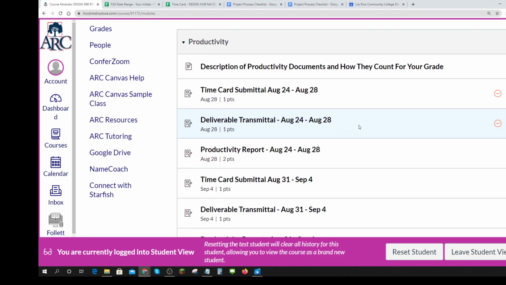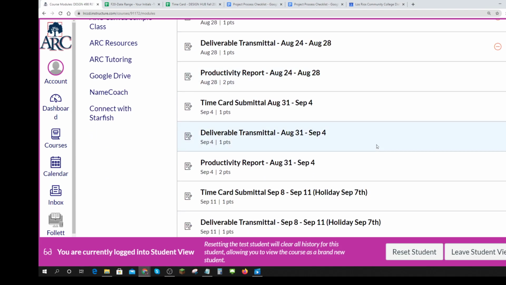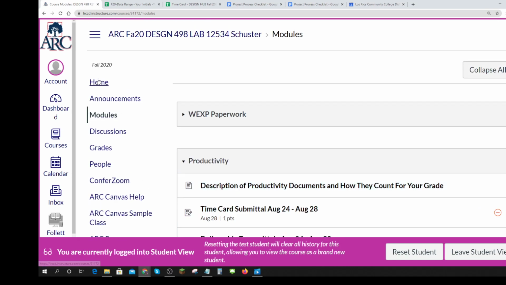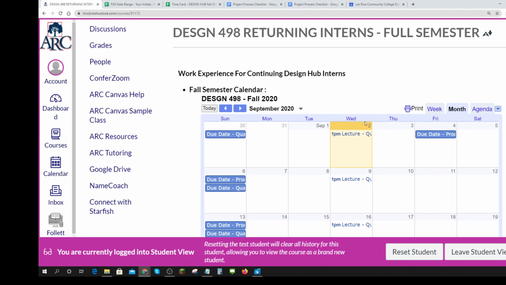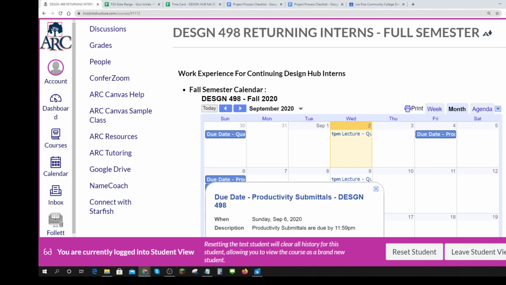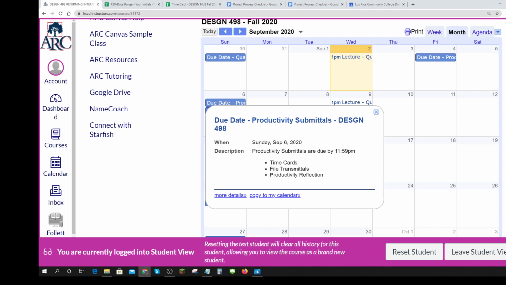So you're going to have your productivity due on the 4th. Okay? And then let's go back and see what's due after that. Why is that one on the 6th? Productivity submittal. I don't know why that one is on there. Should not be there.